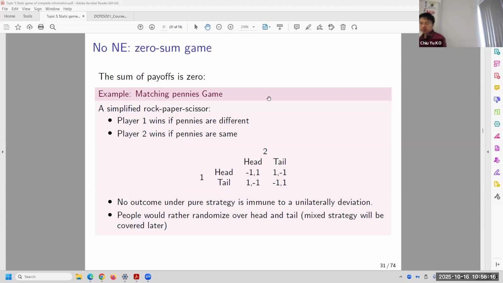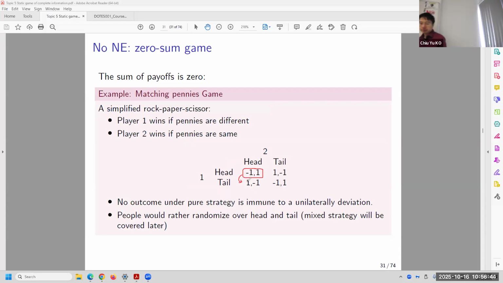And you can easily see that no strategy profile is a Nash equilibrium. Why? Look at head-head. Suppose this is a Nash equilibrium. If head and head, of course, player one is losing, because the coins are the same, so he's losing $1. So he would want to deviate to tail.